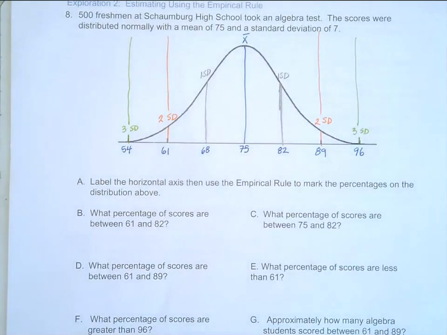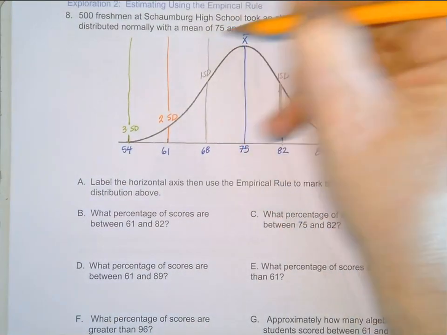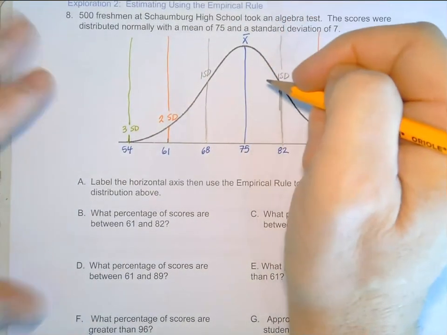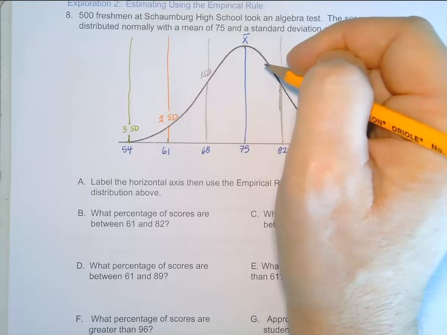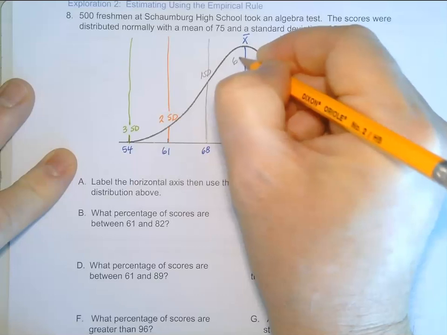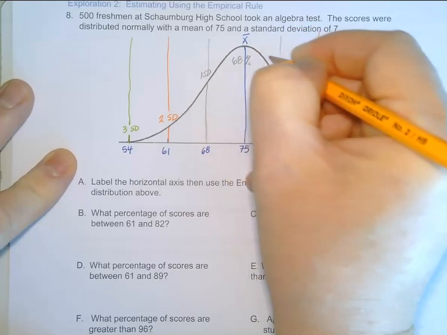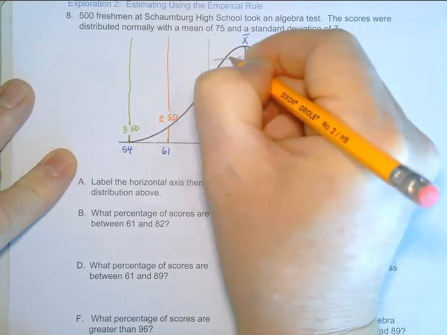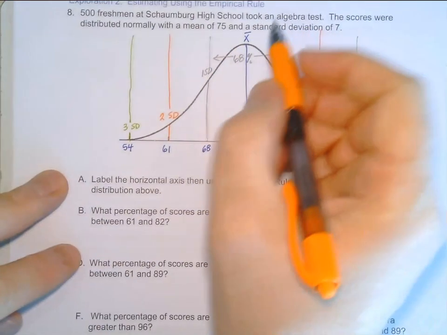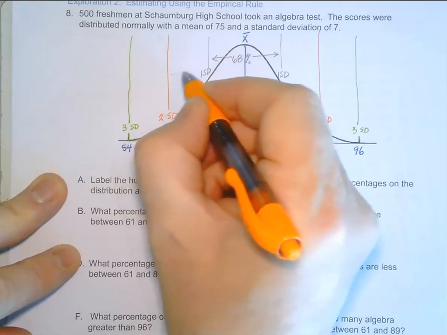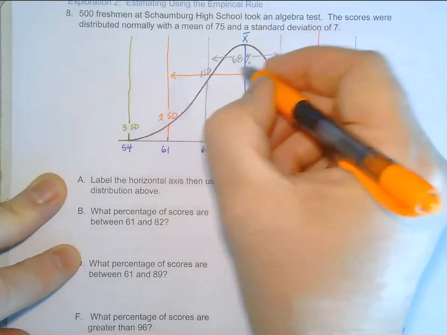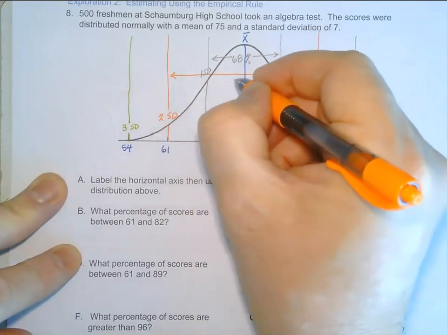It'll make it a little easier. So I know that it's the 68, 95, 99.7 rule, and so this is 68% of the data. It goes from here to here. Going from the second standard deviation all the way across here is going to be the 95%.